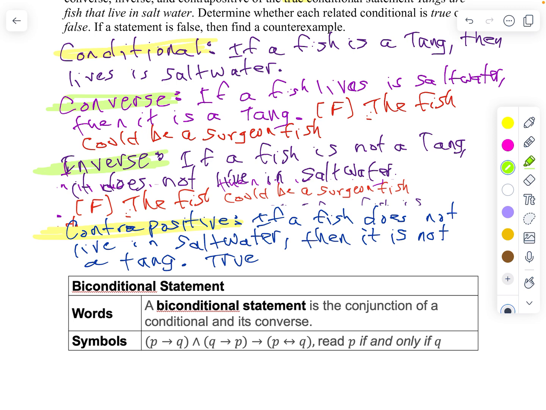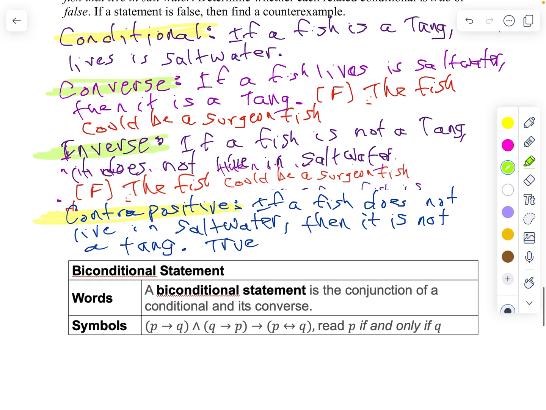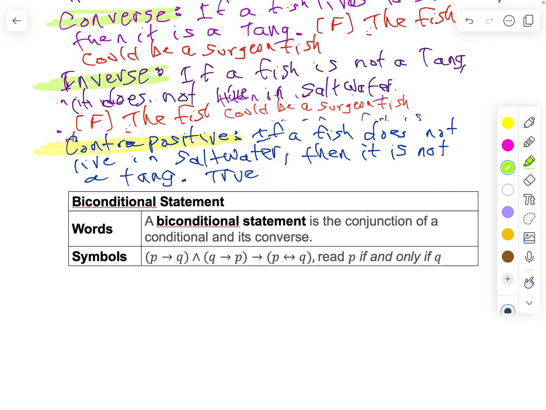Now, the conditional and converse could both be true, or one could be true and the other false, or they could both be false. A case where the conditional and its converse are both true is called the biconditional.